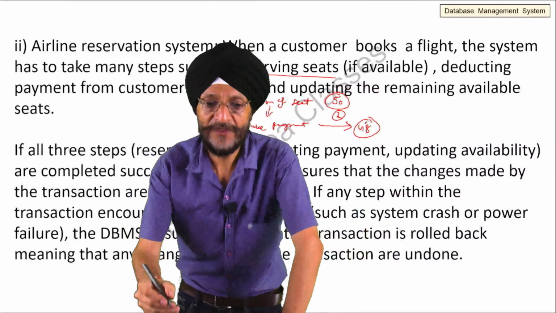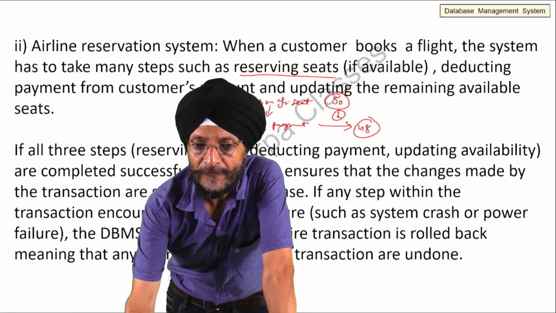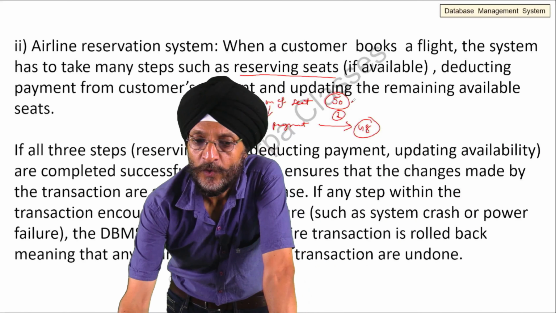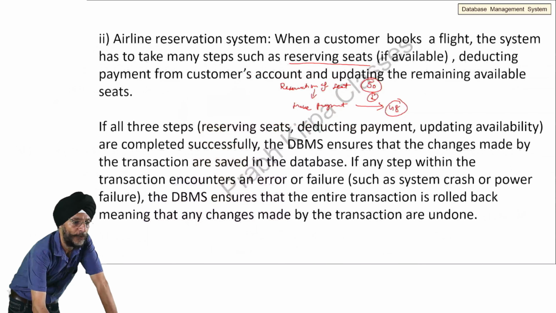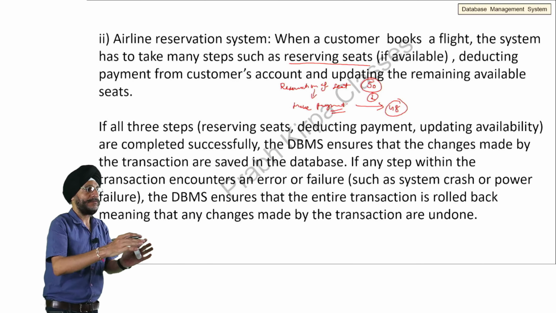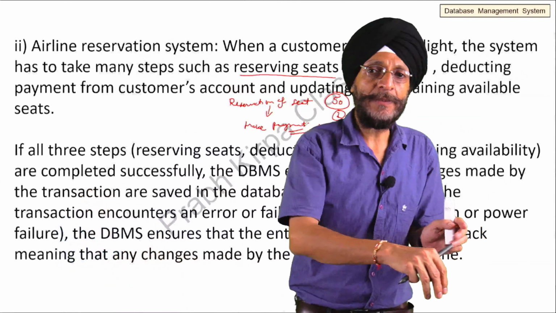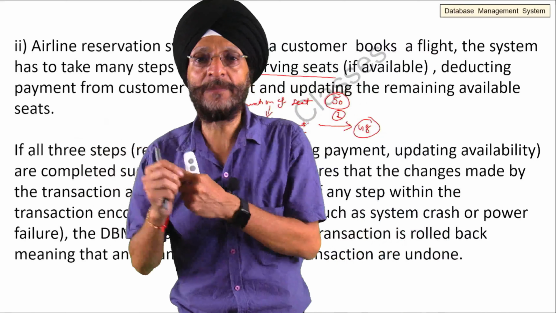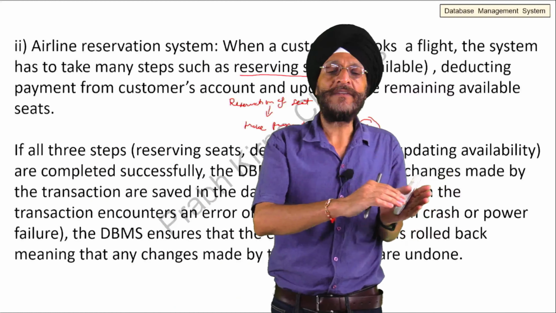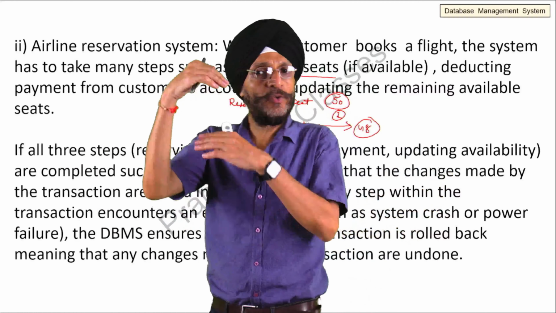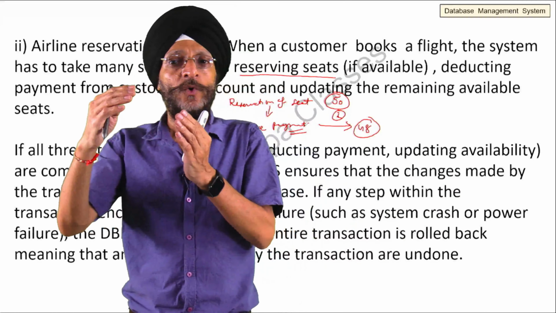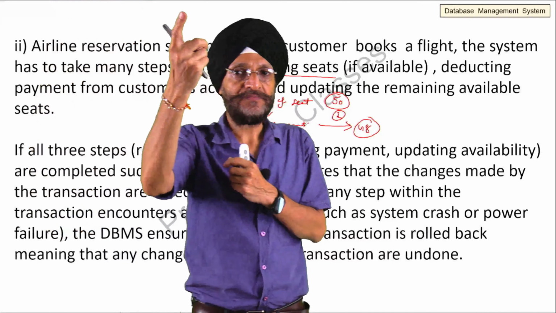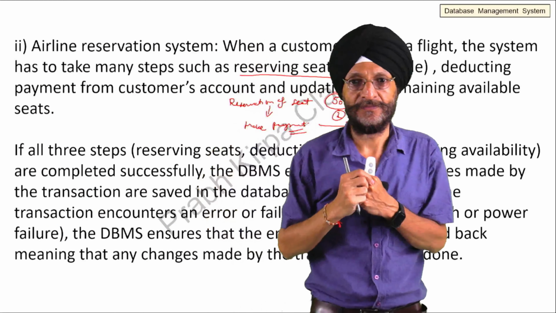Suppose while the system is going to reserve 2 seats for you, and you are making payment, there is some internet problem at your end and you are unable to make the payment, or your bank has not been able to make the payment to the concerned website.